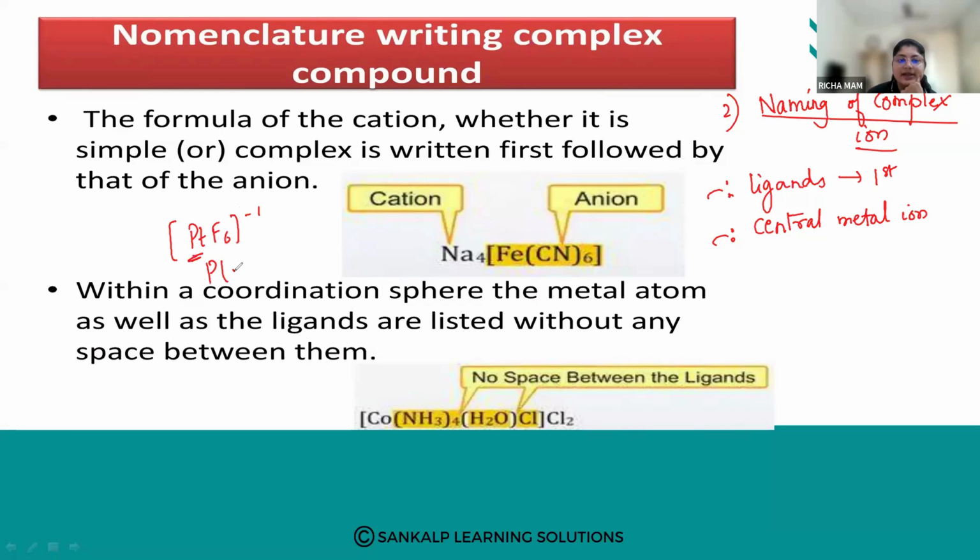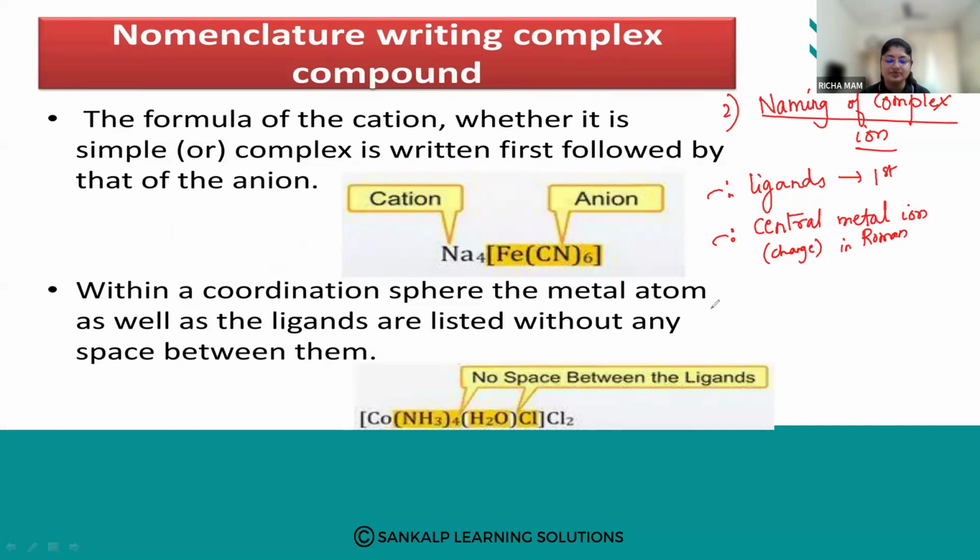So platinate, and you have to mention it in Roman numeral V like this. The charge of the central metal ion should be written in Roman numerals, just after naming the metal ion.